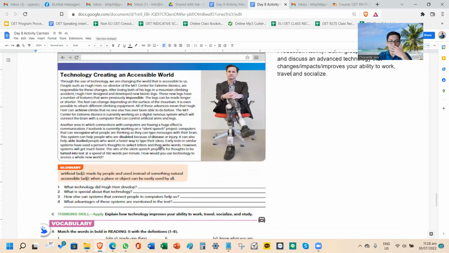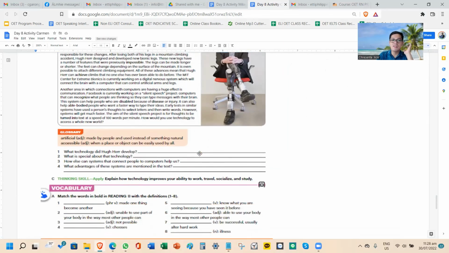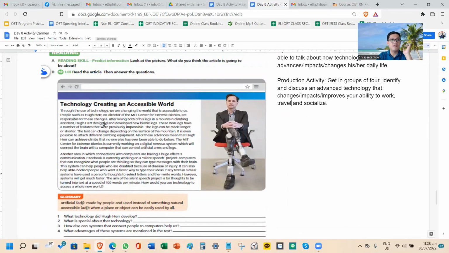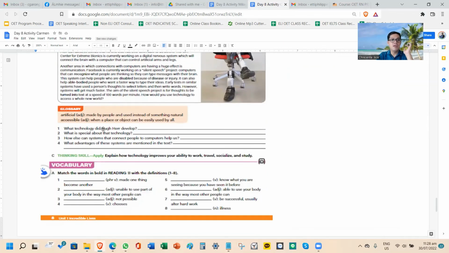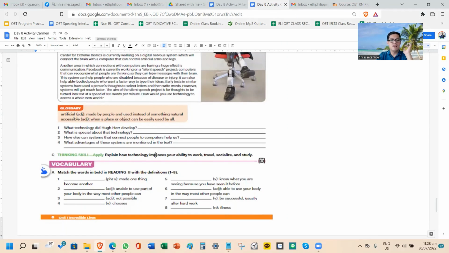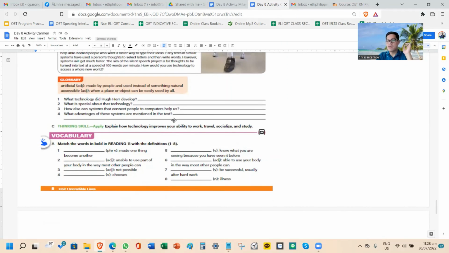The warm-up, the presentation, and the practice, and the control activities. In the practice or the control activities, what are the activities? Because it doesn't mean that you have here A, B, C. Are you going to be doing all these things?